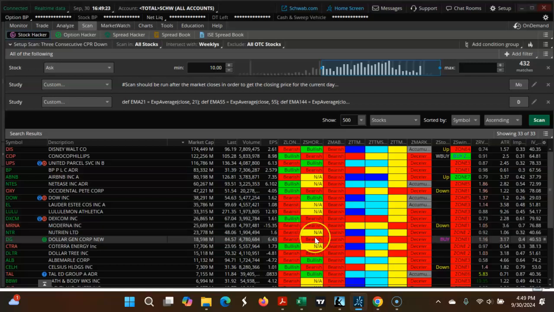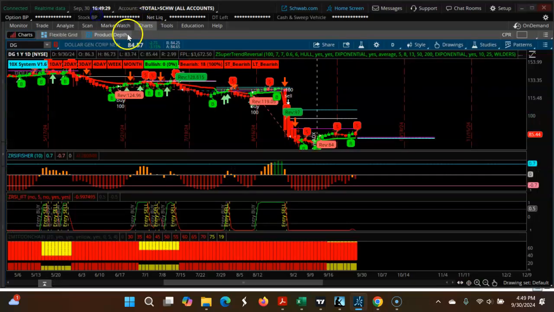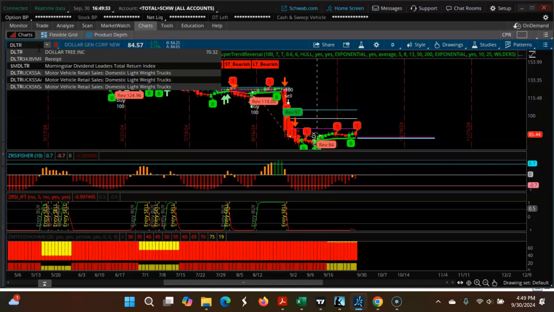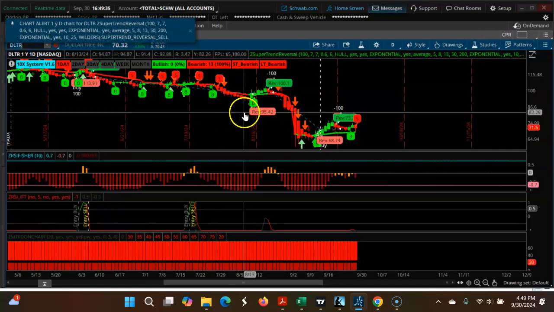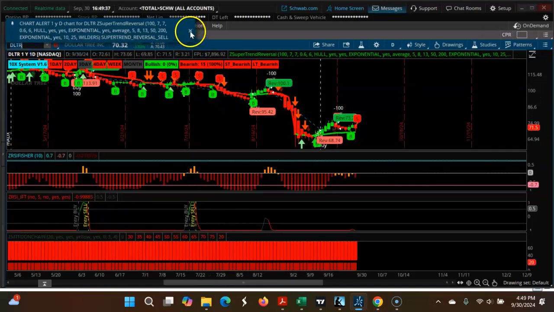Let's look at the next one. So here I want to see DLTR. There's a trend here. DLTR, see, bearish.